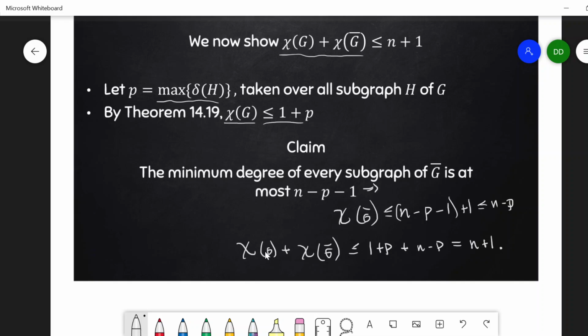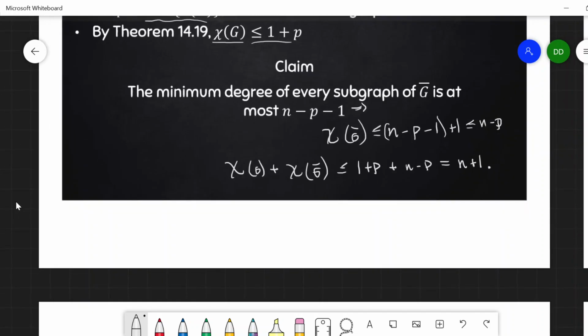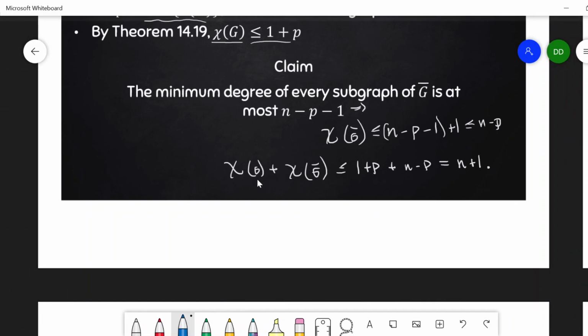And then remember that geometric-arithmetic mean business, I'll put this maybe down here. So we have square root of chi of G times chi of G bar is at most chi of G plus chi of G bar over 2. And by this up here, this is less than or equal to n plus 1 over 2.